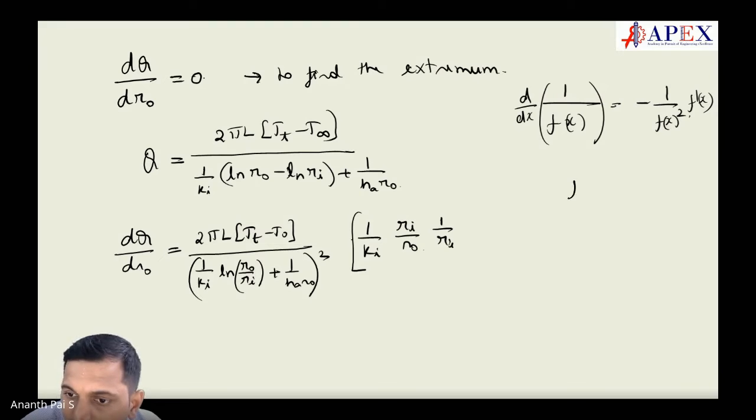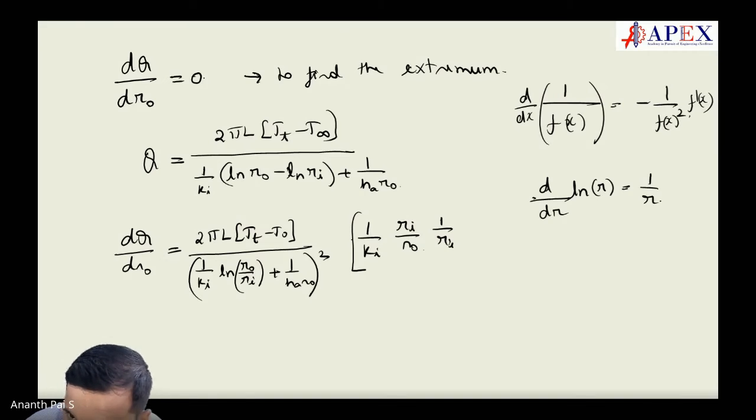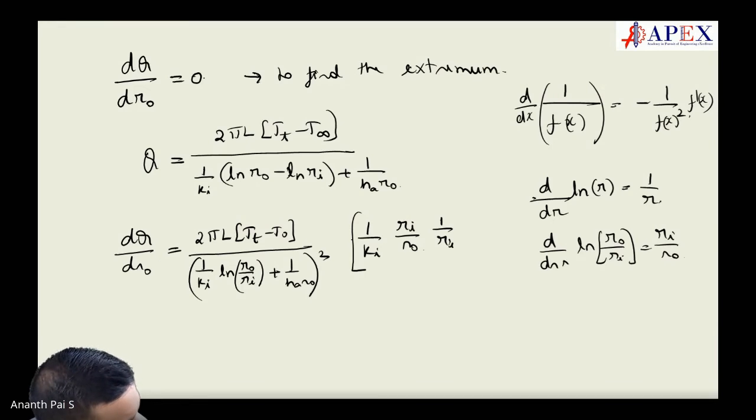Why? Because differentiation of log of r with respect to r is 1 by r. So differentiation of log of r naught by ri is equal to ri by r naught. Agreed? Convinced? Everyone? So this would be 1 by ri minus 1 by h a r naught square is equal to 0.